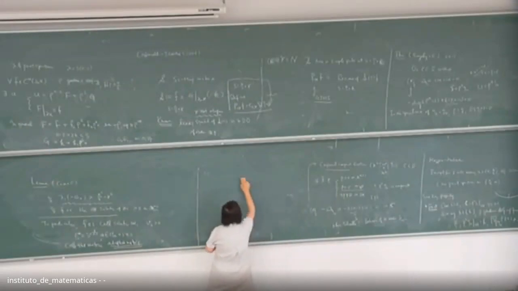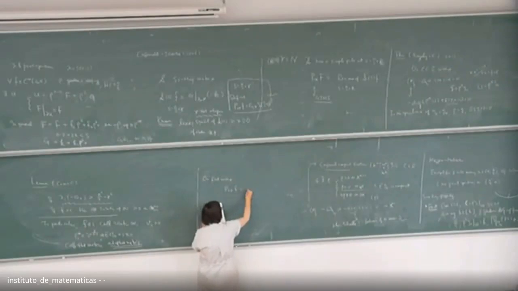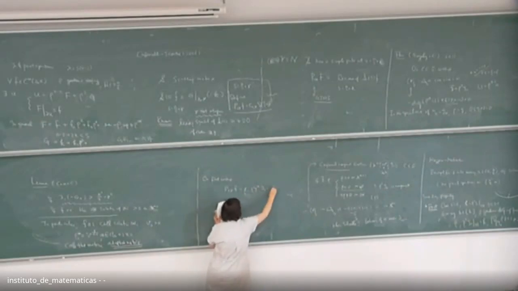So for example, on flat setting, we call P_2^gamma F is just y^a partial_y U, the limit as y tends to 0, up to a constant.